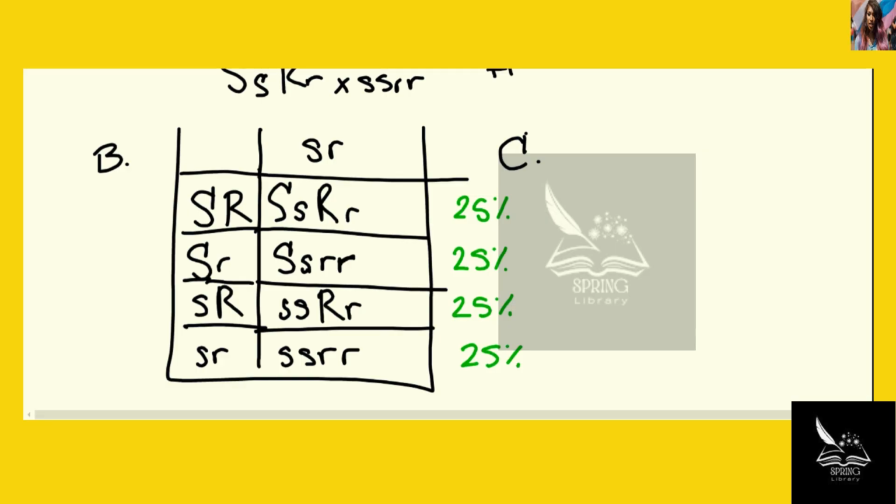Phenotypically, though, this first row would be the straight-winged and red-eyed. Then we have the straight-winged because it has the dominant S, but this time the brown eyes. Then we get into the curved wings.